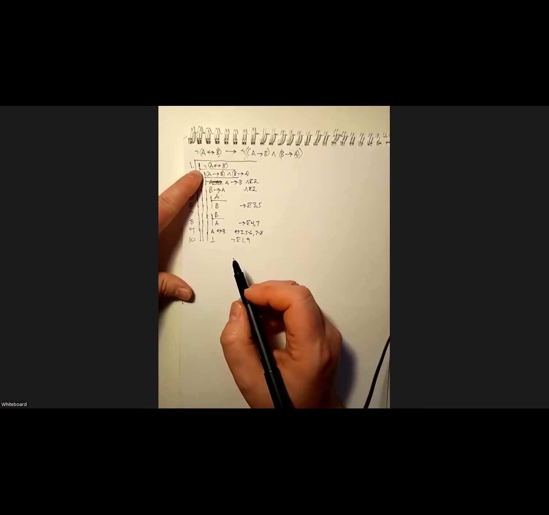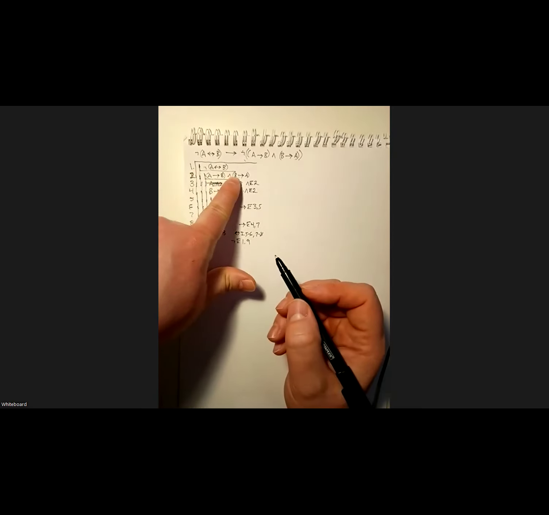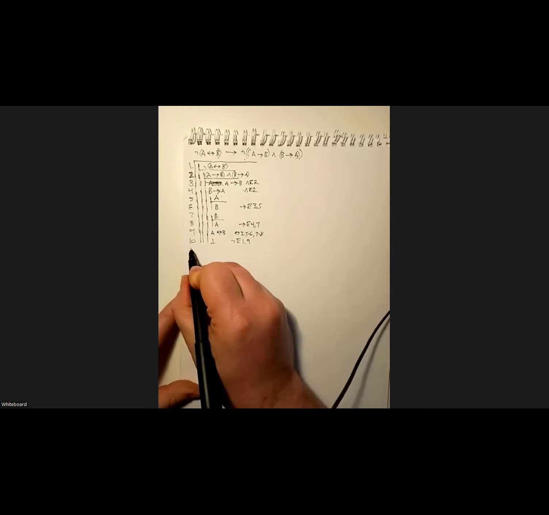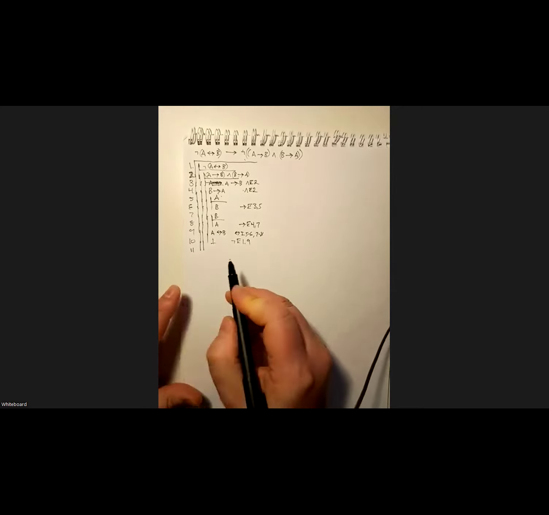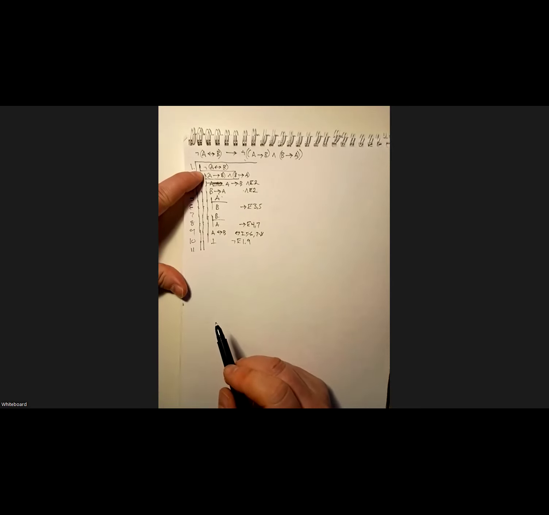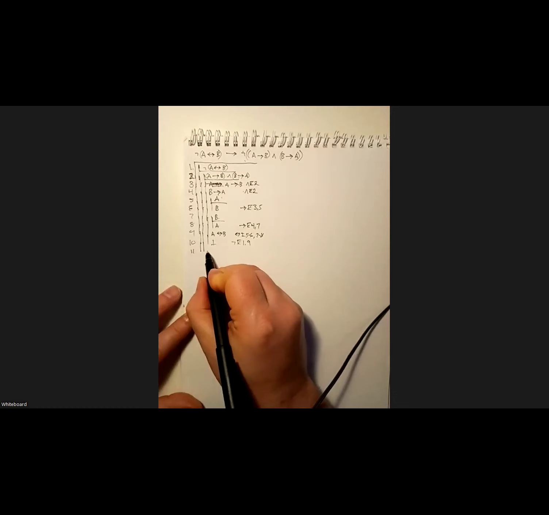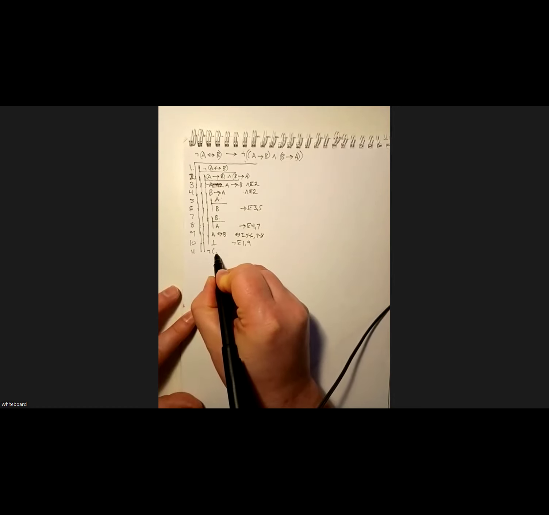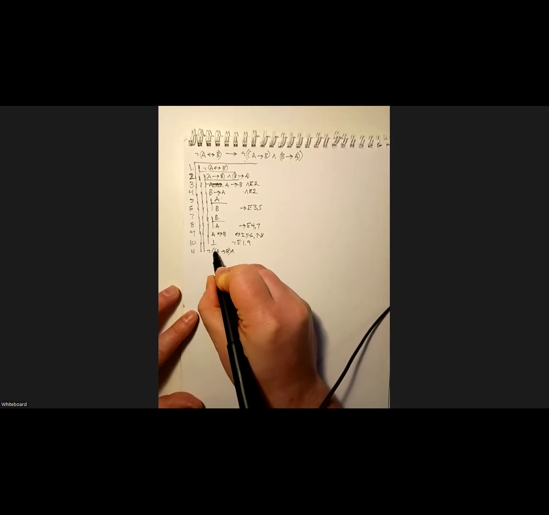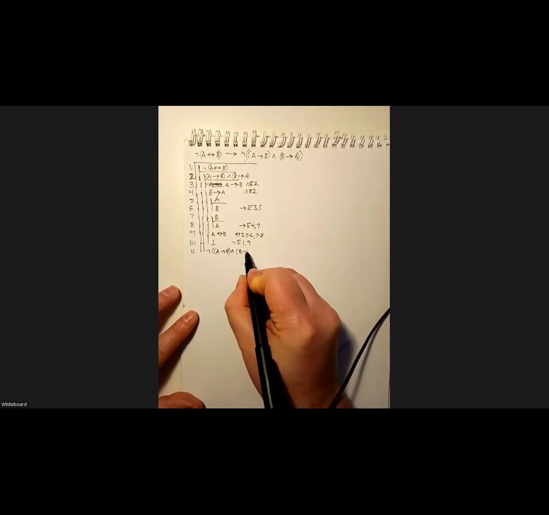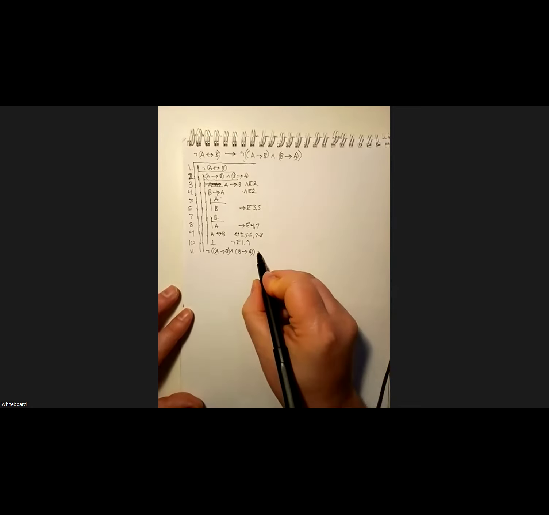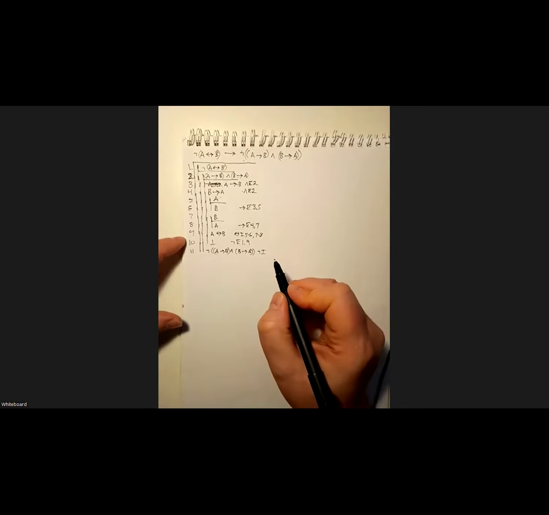We have a subproof that starts with this sentence and ends in a contradiction, so we can go 1 line to the left and negate the sentence we opened our subproof with. That's negation introduction, 2 through 10.